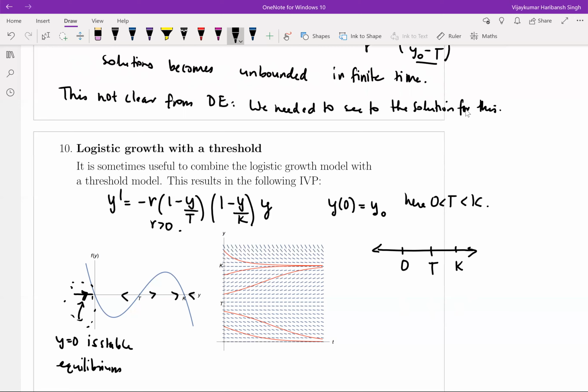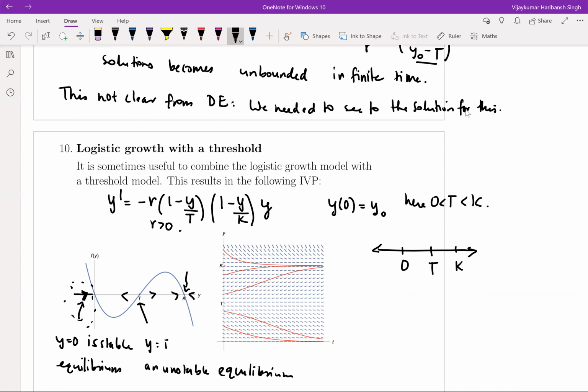Now if you look at t, both solutions are going away from it. So y equals t is an unstable equilibrium. What about this point?